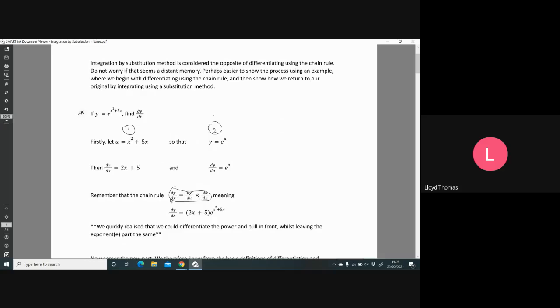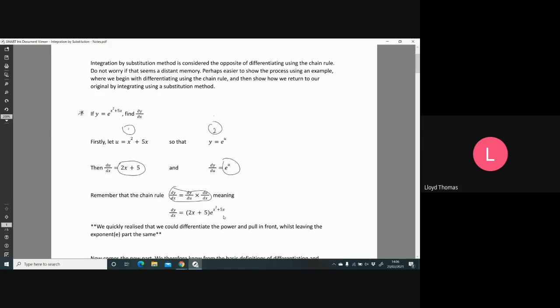So the chain rule is dy by du times du by dx, just multiplying those two things by each other. There is one slight difference, though. I need to substitute my u, whatever I had for my value of u, back in, which was x squared plus 5x. And if I put all that back in, I end up with du by dx times dy by du, just with the u substituted back in.